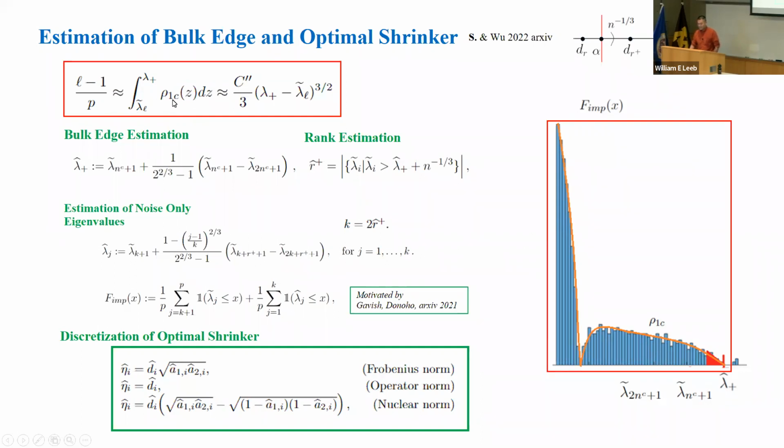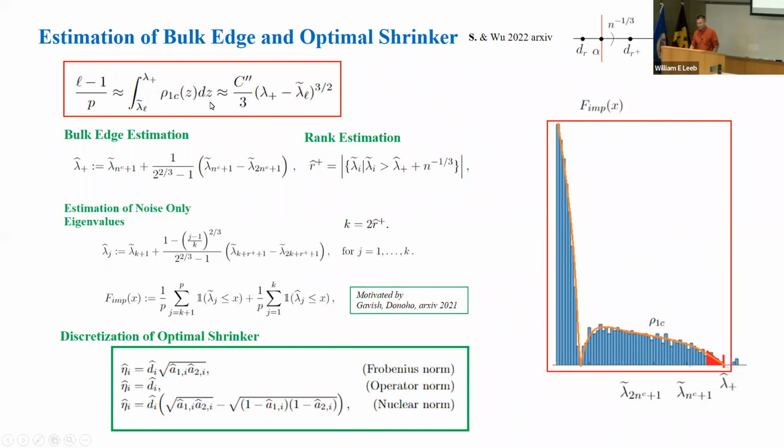Because we have the density rho 1c, and we know if we integrate from lambda L to lambda plus, which is equal to lambda 1, there should be L minus 1 eigenvalues around here. So this integral should be approximately equivalent to L minus 1 divided by p.